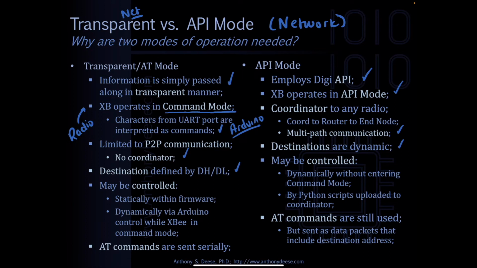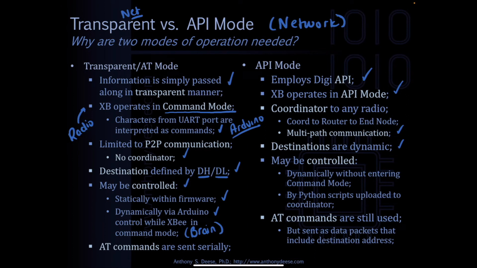In AT mode, the destination may be controlled statically within the firmware or dynamically using the Arduino to control the XBee while in command mode. So if we want to redefine our DH and DL parameters on the fly and the radio is operating in command mode, we will need another, let's say, MCU device to act as the brain and redefine that.